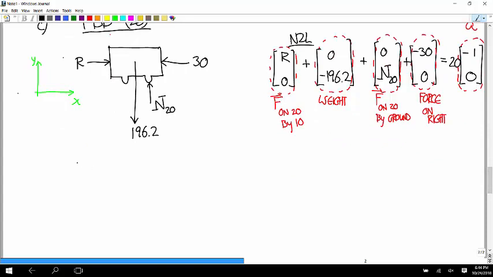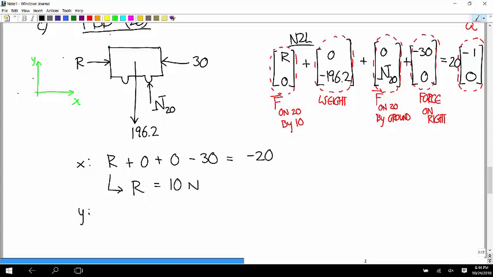So we have two equations here. The x equation says r plus 0 plus 0 minus 30 is equal to negative 20. And so r is equal to 10. That's newtons.